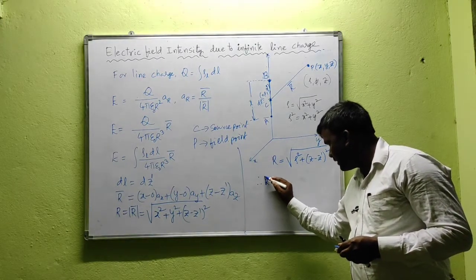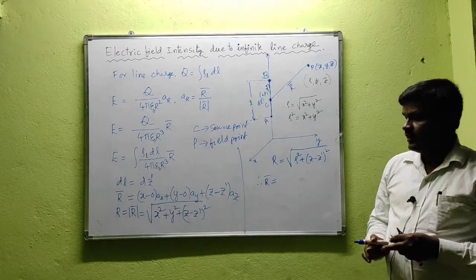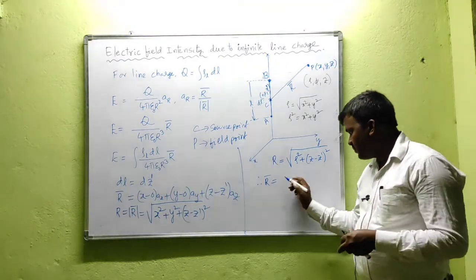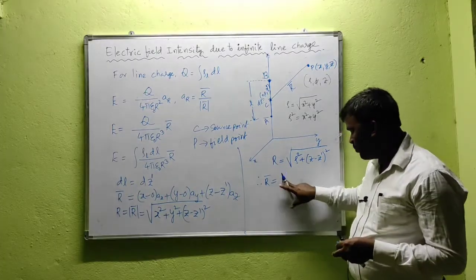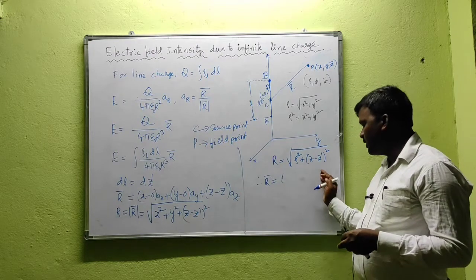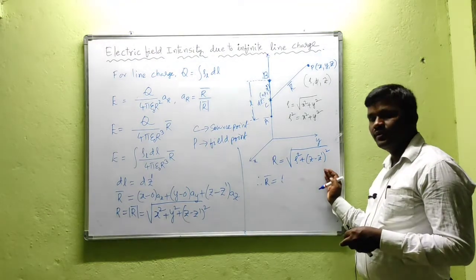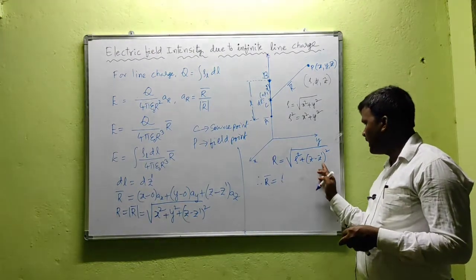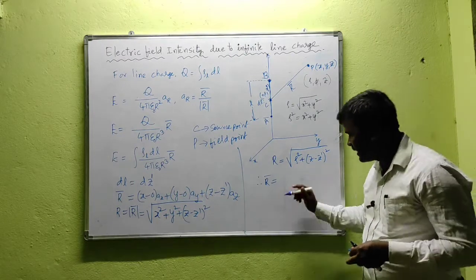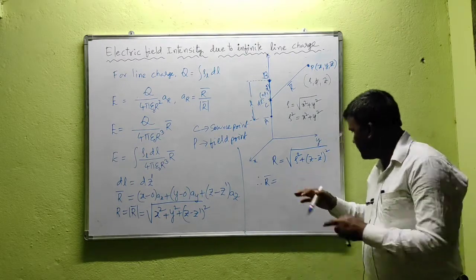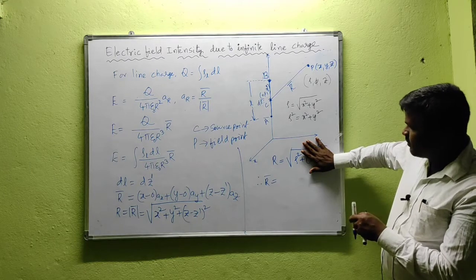Therefore r bar is nothing but, in the cylindrical coordinate system, the rho component into a rho, phi component into a phi, z component into a z. Here we have the rho component and z component only, so the remaining component is 0.